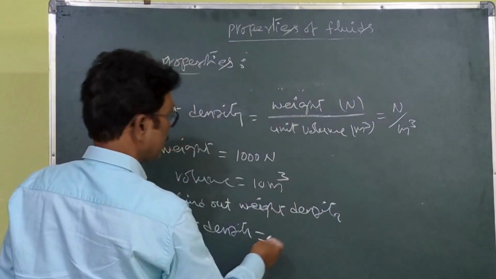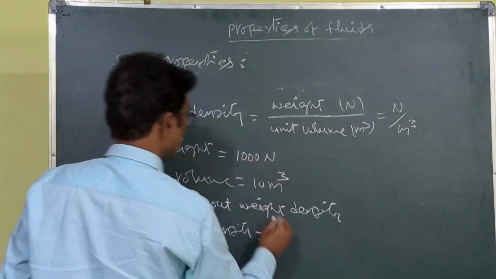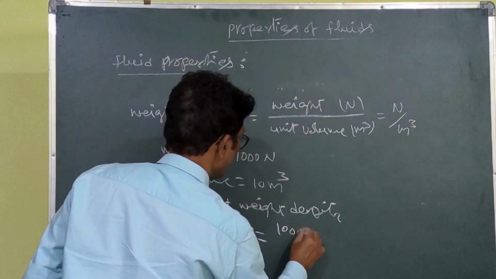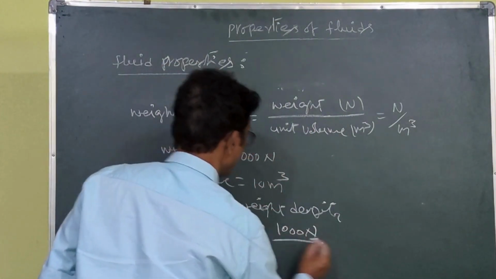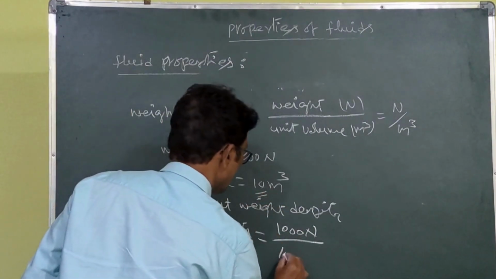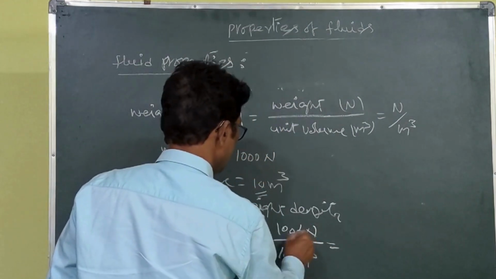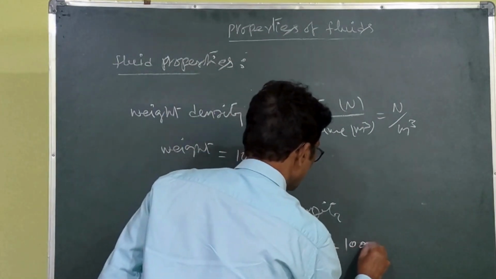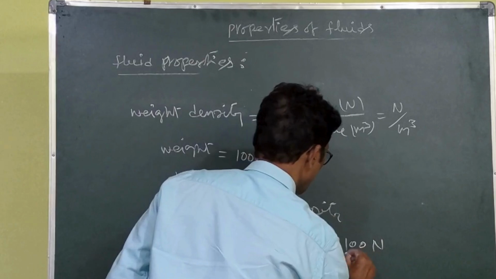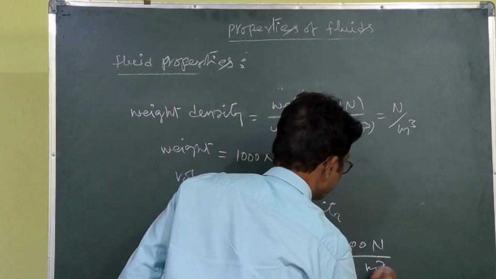I don't want to write the formula again. Weight is 1000 newtons divided by volume of 10 meter cube. The zeros get cancelled, so that is 100 Newton per meter cube.